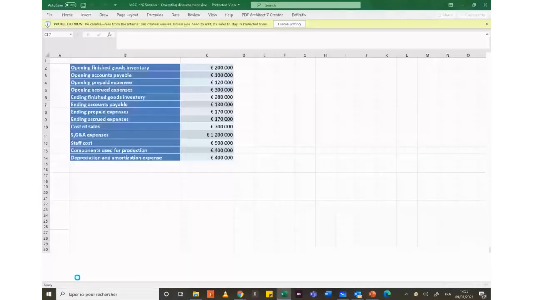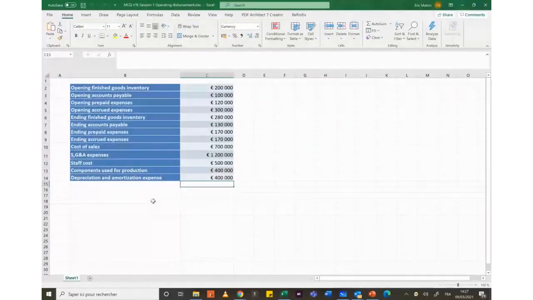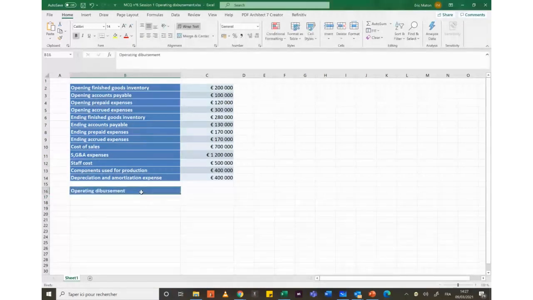What you have to calculate is the operating disbursement, the cash outflow.